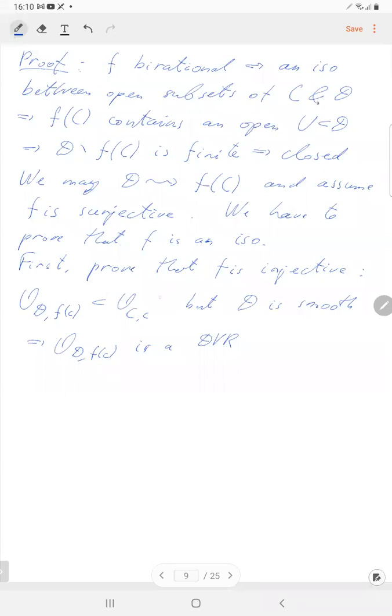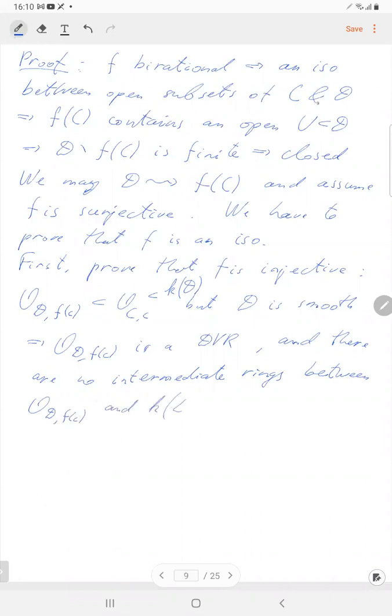But now the whole thing proceeds in the field of fractions of, say, the base curve D. But you see, for a DVR, there are no intermediate rings between the DVR and its field of fractions.